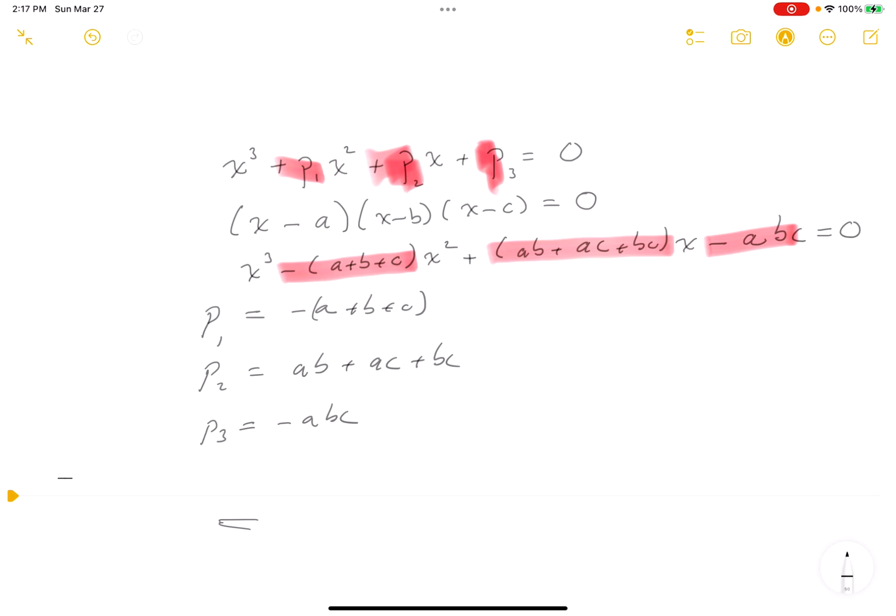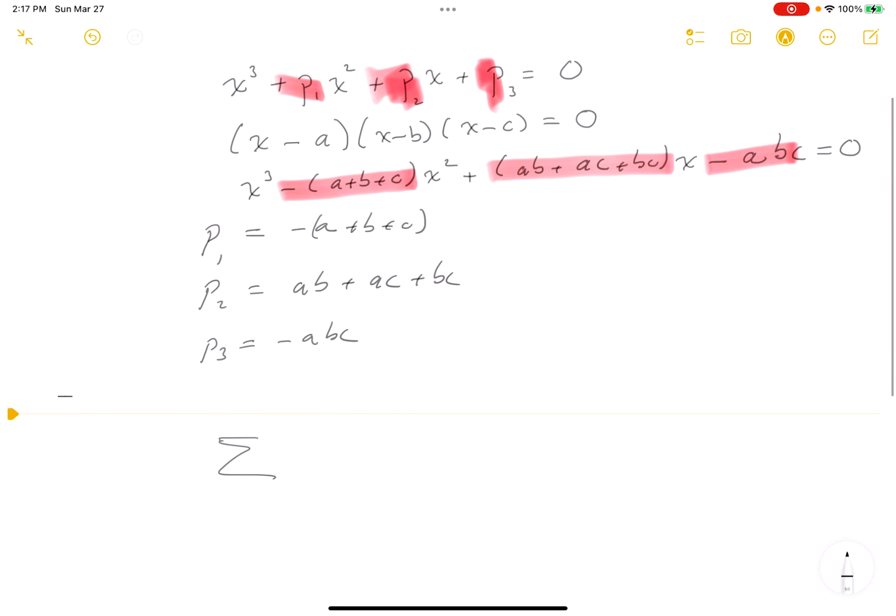He's asking for the sum of 1 over A. All right, so someone says, I wonder what he's asking for there. And when Wells writes this down, he's actually asking for the sum of the roots. But he wants them in terms of the coefficients, P1, P2, P3.